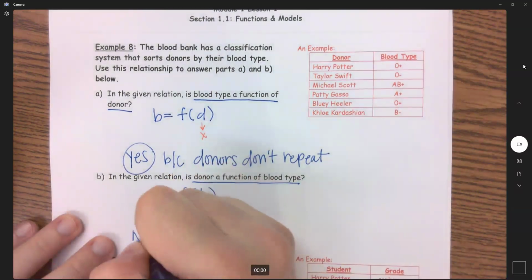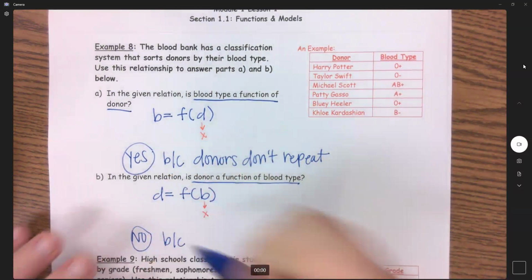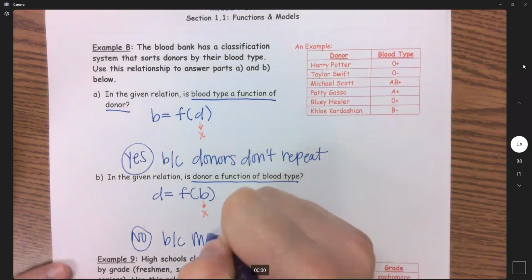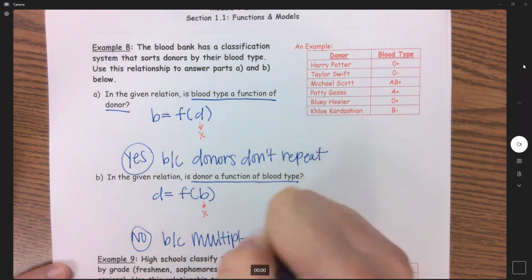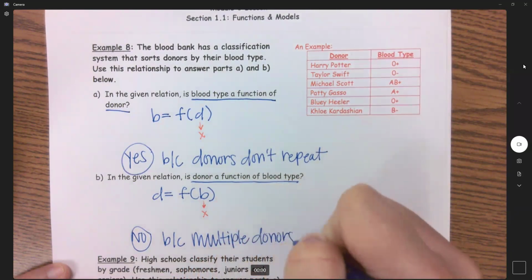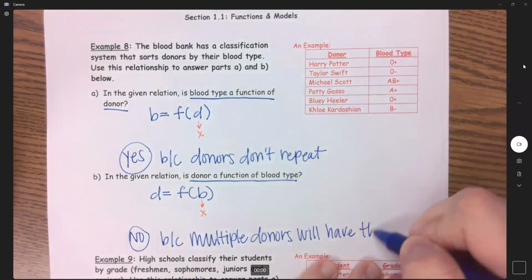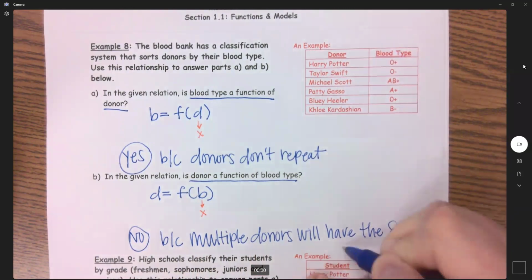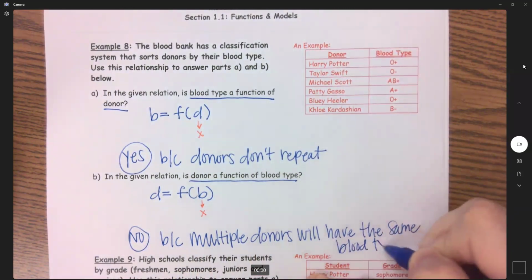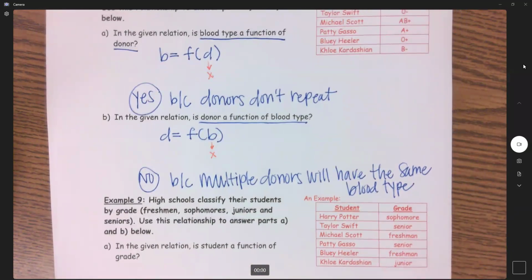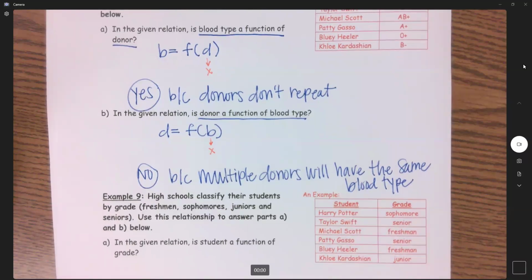So this is no. That's all you really need in your notes, but if you want to write in, no, because multiple donors will have the same blood type, even though rare blood types, you're eventually going to get people in there that have those rare ones.